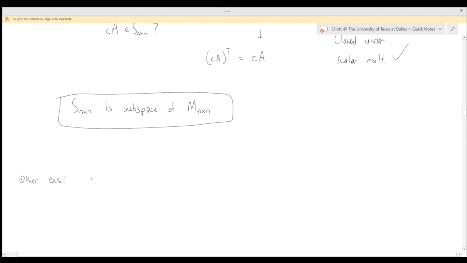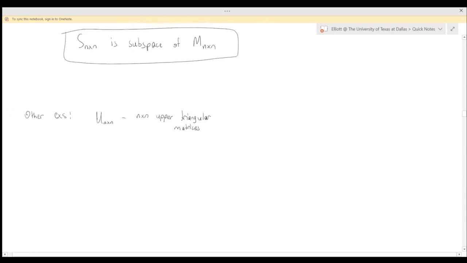Quickly, some other examples. If you take all n by n upper triangular matrices, this is also a subspace of the space of all n by n matrices.